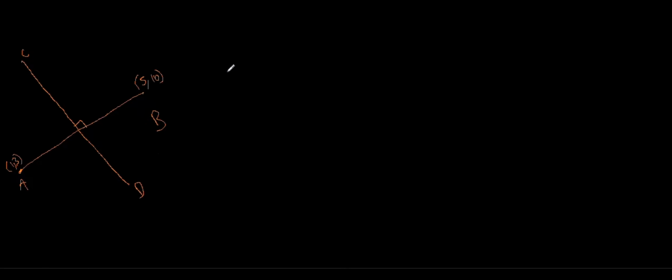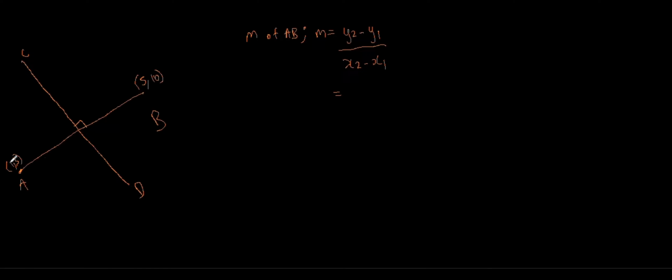Now, to find the equation of this perpendicular bisector, we first need the midpoint of this line and the gradient of the line AB. So let's find the gradient of AB. m of AB is, recall, y2 minus y1 all over x2 minus x1.